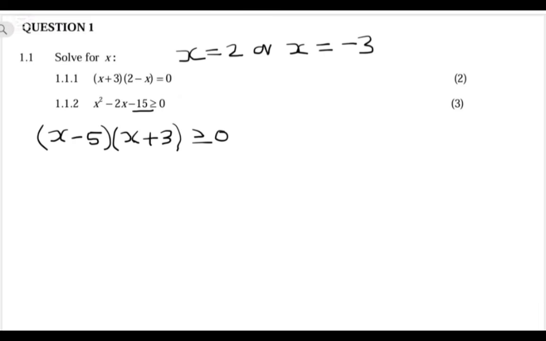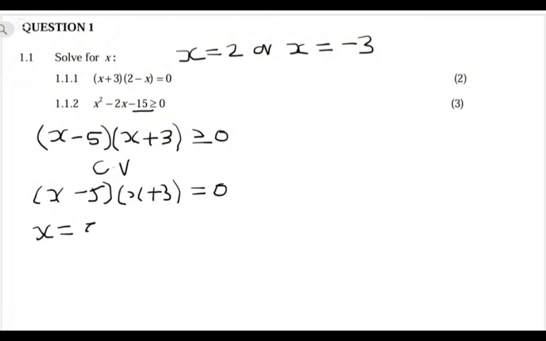After that, we need to remove this inequality and just say CV, or critical points, or critical values. It's up to you. So we're going to say x minus 5 times x plus 3 is equal to 0. Here we can apply the zero factor law. x is equal to 5, or x is equal to -3, perfect.